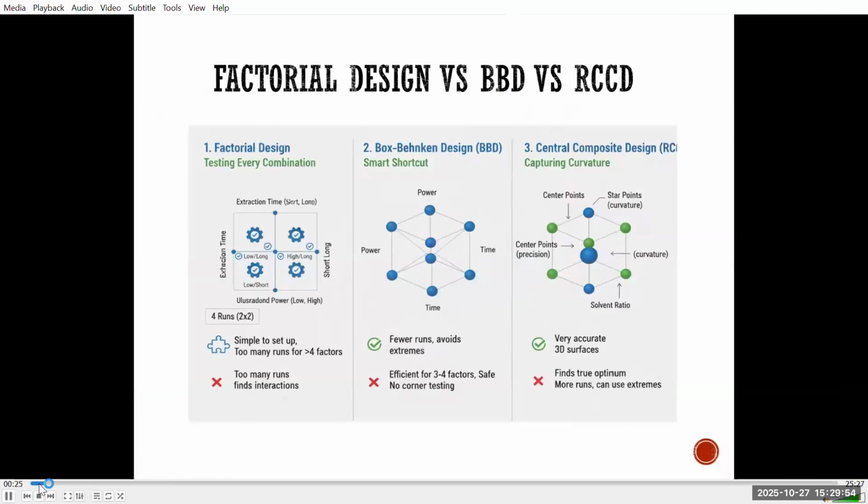Design Expert is a powerful statistical software which is used for the design of experiments and response surface methodology. It helps in planning, analyzing, and optimizing experiments efficiently. The software can generate different designs such as factorial, Box-Behnken, central composite, and others. It provides 3D response surface plots and contour graphs to visualize factor interactions and locate the optimum condition.